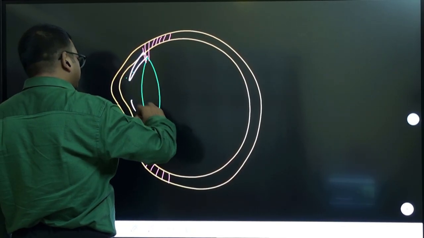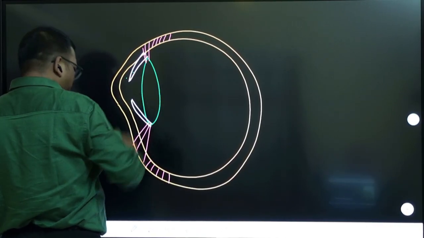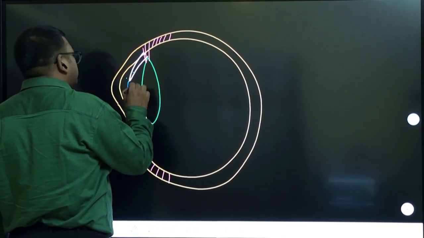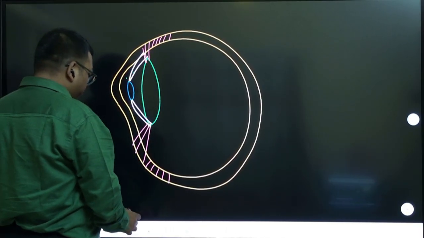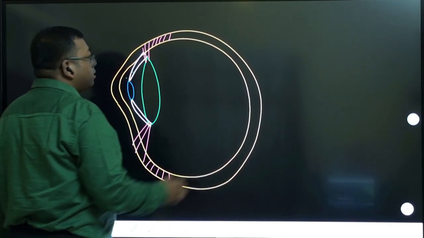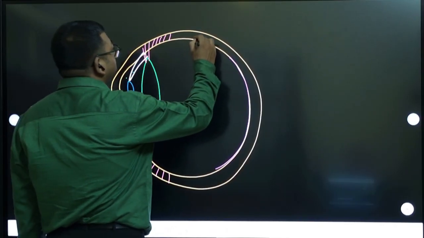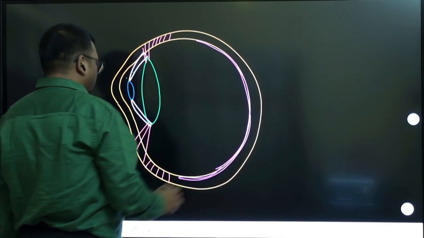Iris is like a shutter here, and in between the iris there is one small hole, the opening where light comes. That is the pupil, and then this part is called the retina. This entire inner portion is called the retina.